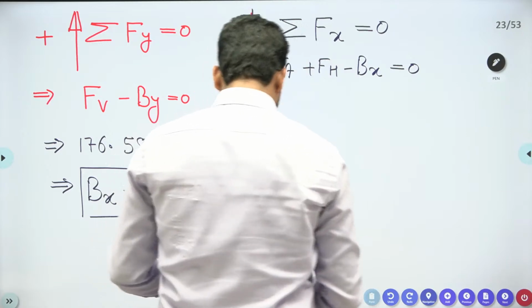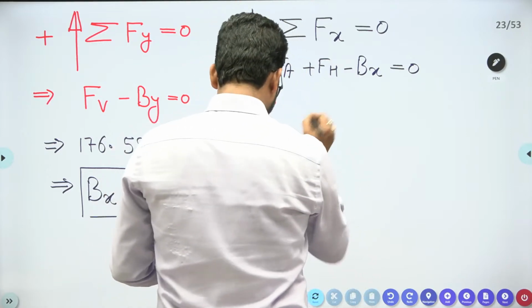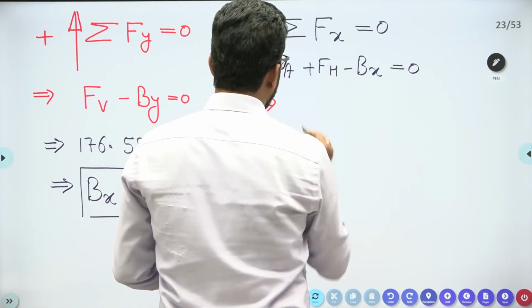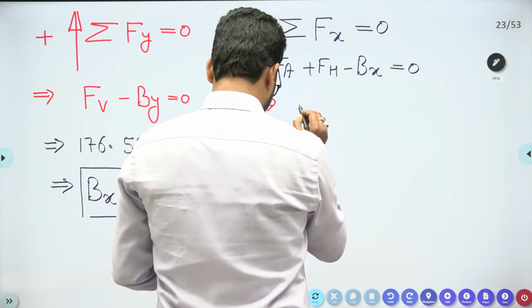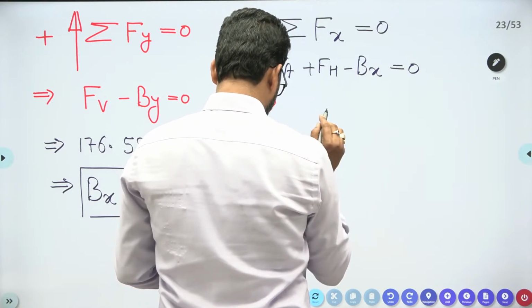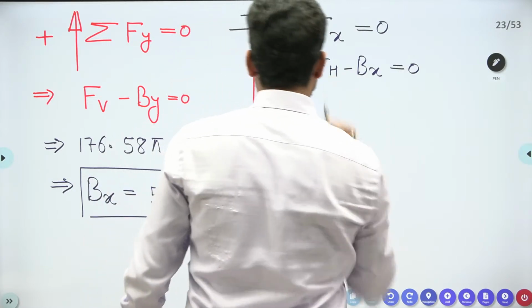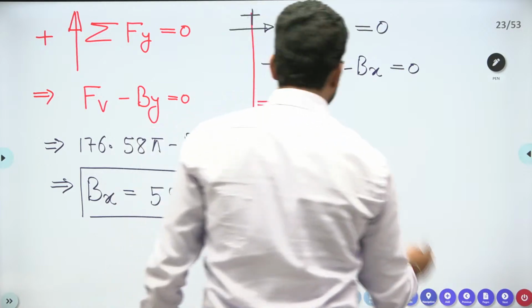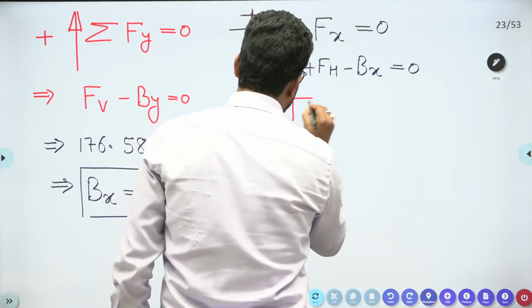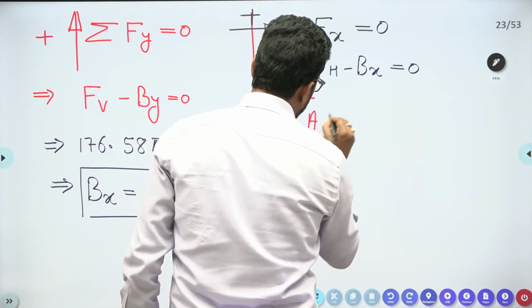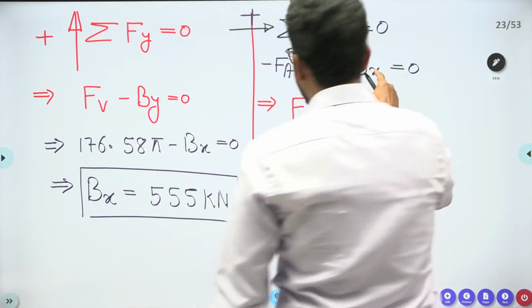So you have all these values. FA you don't have, Bx you don't have, FH you have. Here you can't easily find FA. Yes or not? Why? Because you don't have Bx.